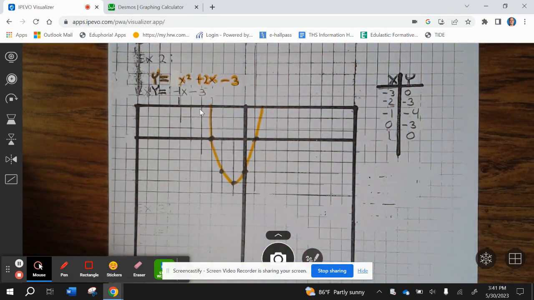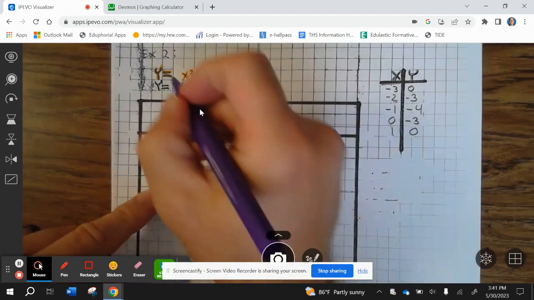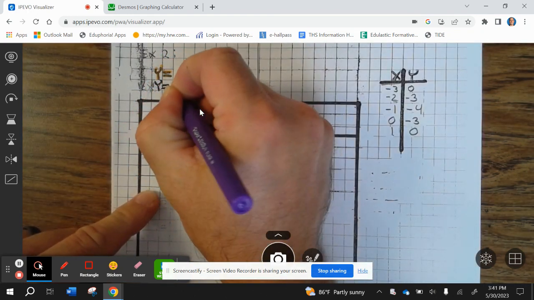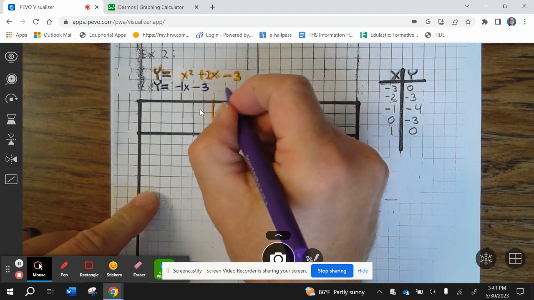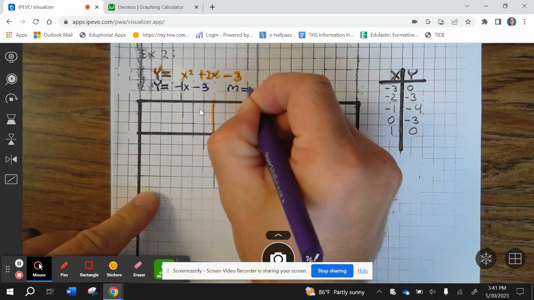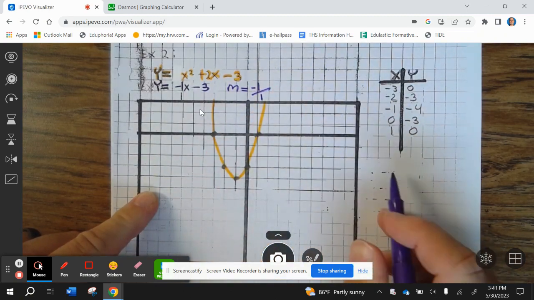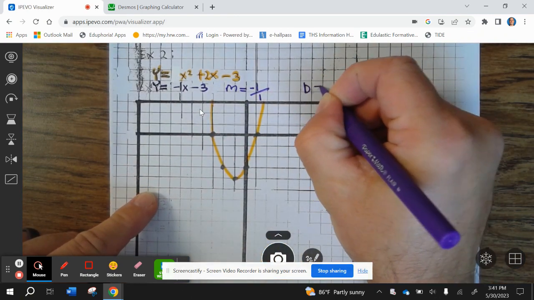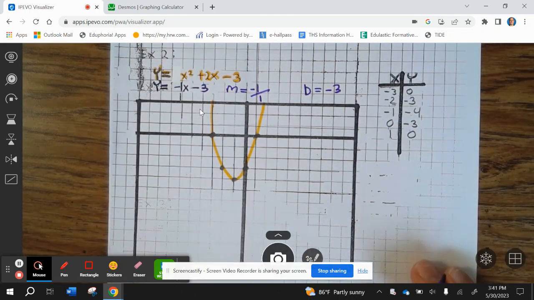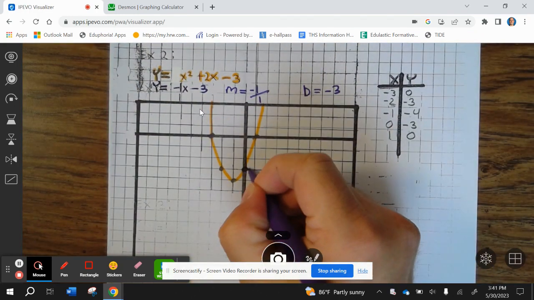Now, to graph y equals negative x minus 3, this number in front of x is the slope, so that's your m value, which is -1 divided by 1. And then your b value, which equals -3. So let's graph that point first, 0, -3.